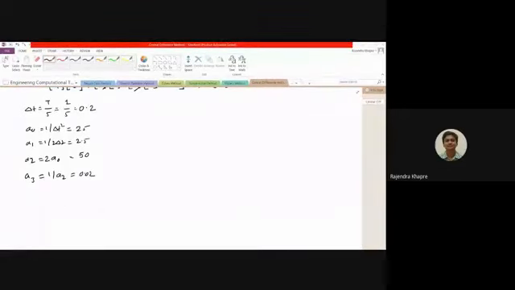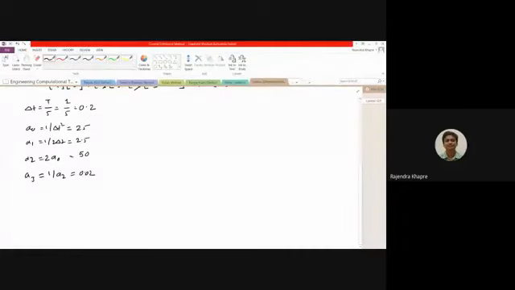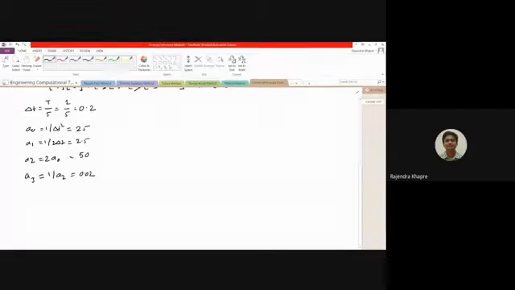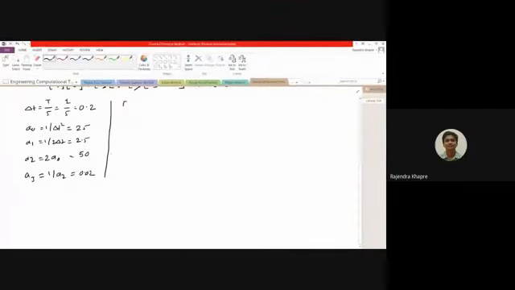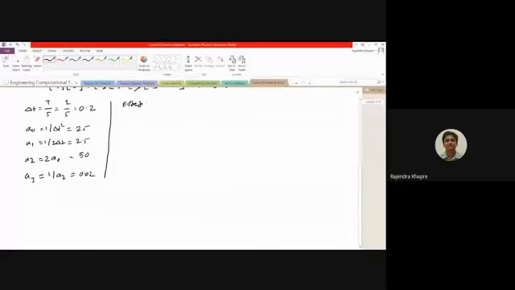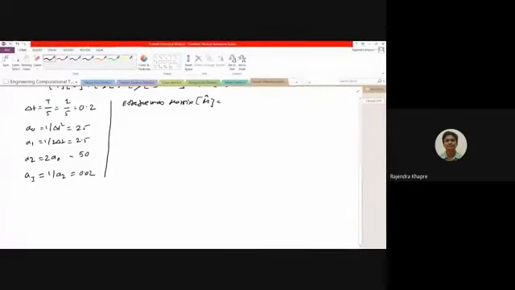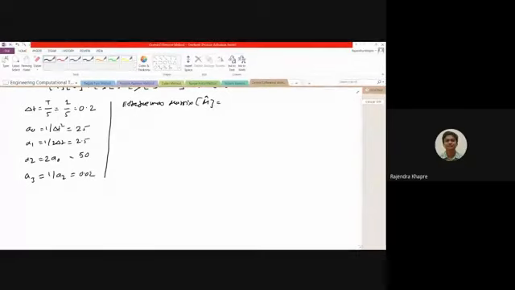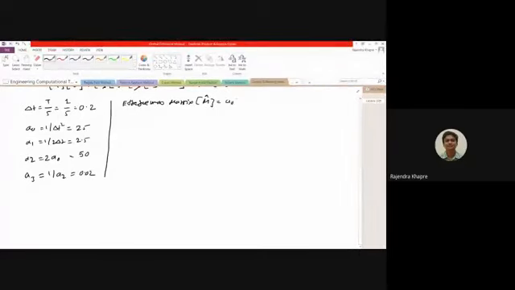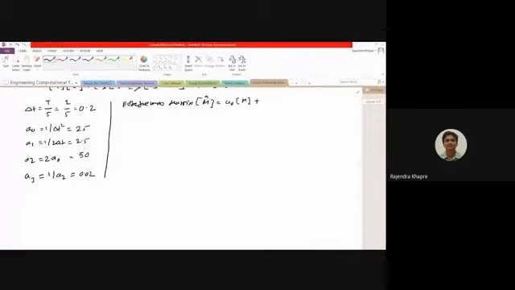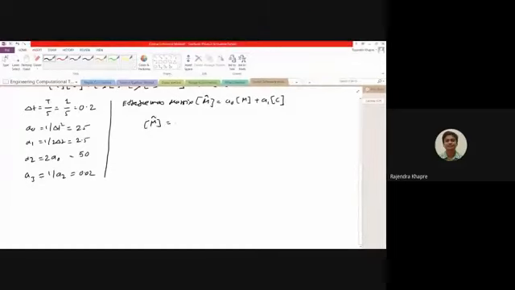So now I have to calculate the effective mass matrix M. This effective mass matrix M can be calculated by the expression a0 into M plus a1 into C. So a0 is 25 into your mass matrix.